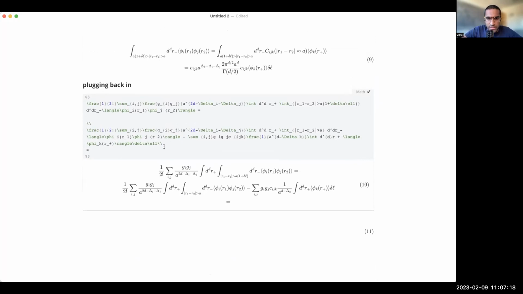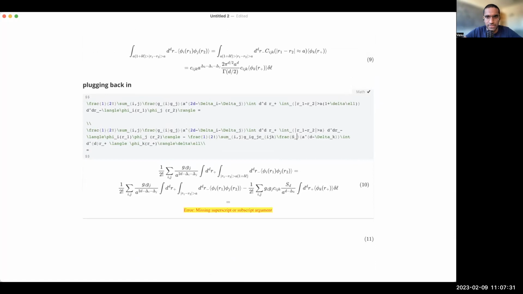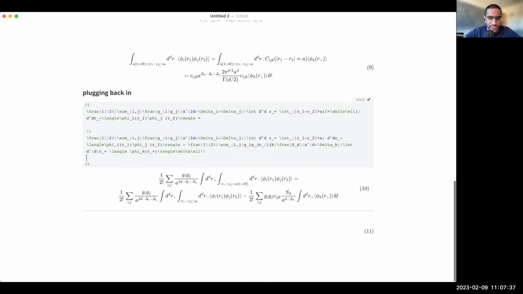Well, what we've accomplished is that, sorry, there's still a 1/2 factorial and the consequential sphere volume. So I can write S_D, and that S_D basically is this entire thing.